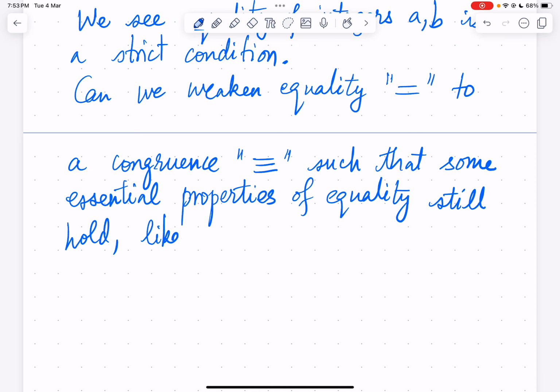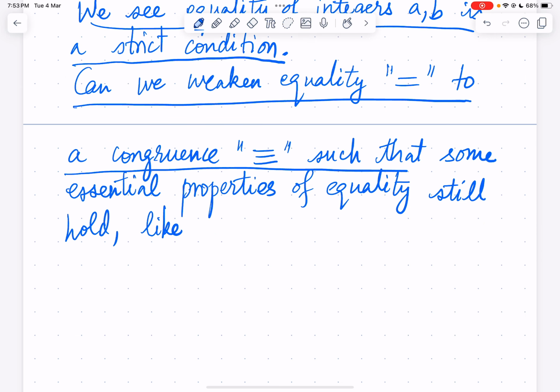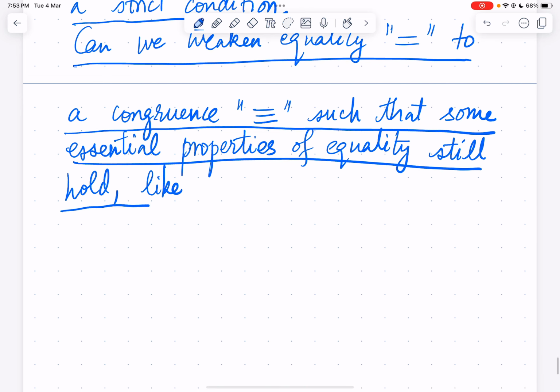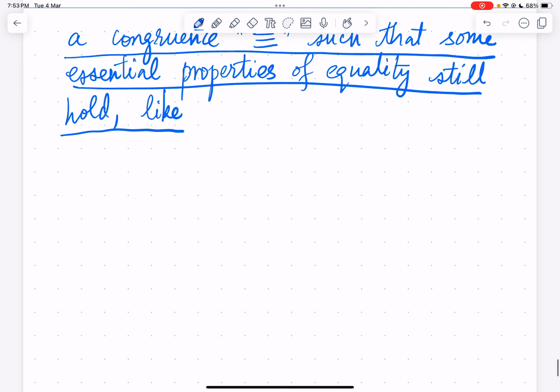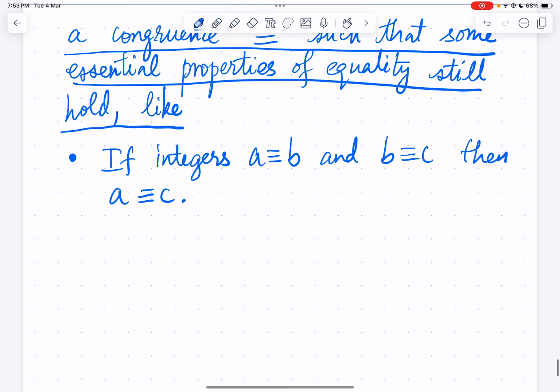Equality of two integers is a strict condition. Can we weaken the equality operator to a congruence operator such that some essential properties of equality still hold? Like, we want if integers a is congruent to b and b is congruent to c, then a is congruent to c.